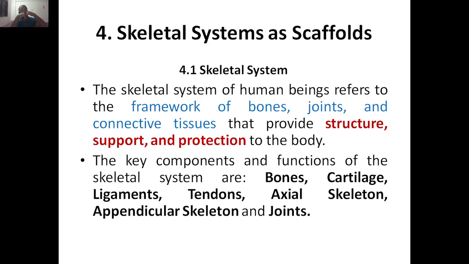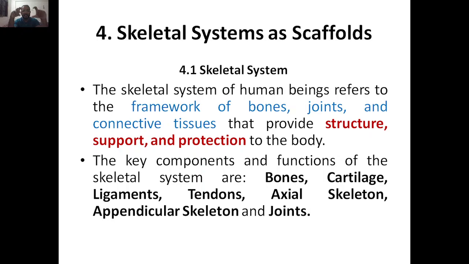Before the joints we have ligaments, then tendons. Tendons connect muscle to the bone. Because of the bone movement our muscles are moving, right? Because of the joints, all these things. But who is connecting muscle to the bone?